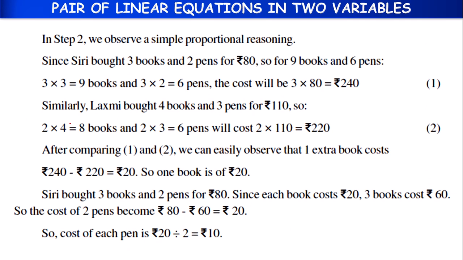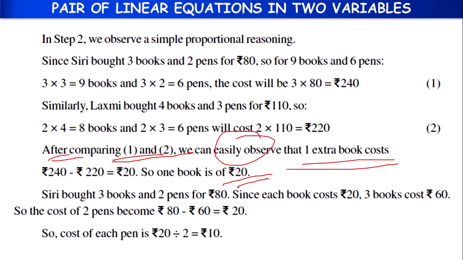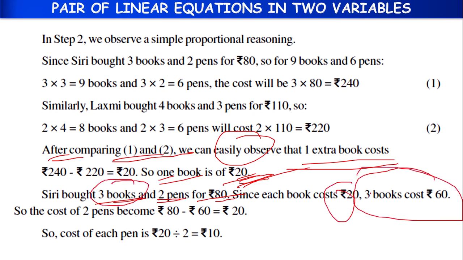So by this model method, after comparing 1 and 2, we can easily observe that one extra book costs 20 rupees. So each book costs 20 rupees. Siri has bought 3 books and 2 pens for 80 rupees. 3 books cost 3 into 20, 60 rupees.